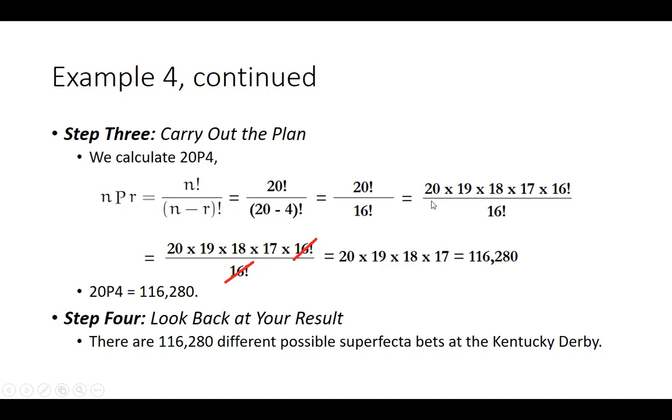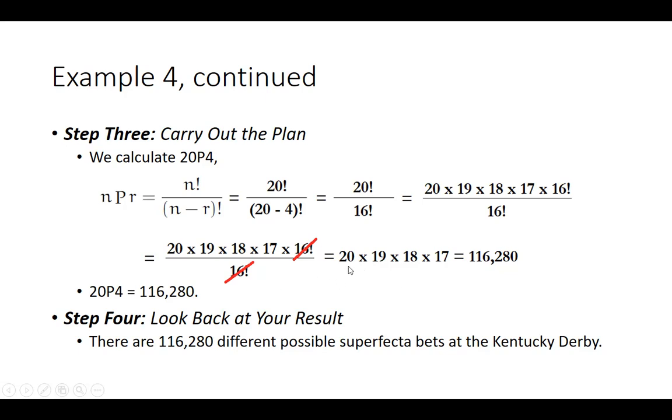Listing this out, 20 factorial as far as we need to take it would be 20 times 19 times 18 times 17 times 16 factorial. We can stop there because we have a 16 factorial on the bottom that's going to cancel away in our next step.